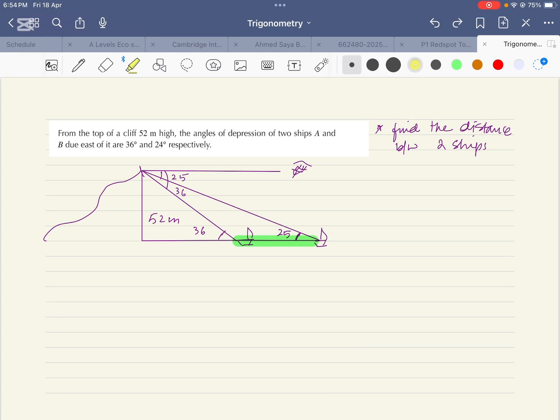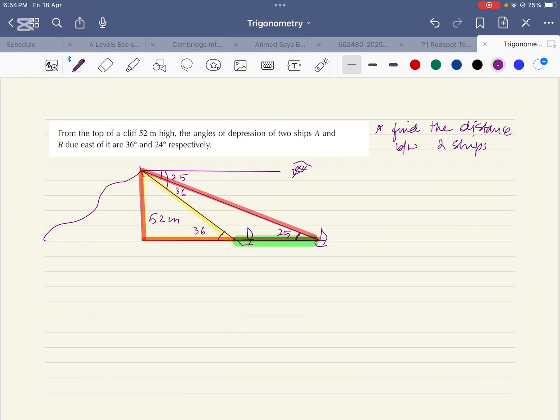One triangle will be in yellow, other triangle will be in green, and there is an overlap of the perpendicular. This is triangle A with angle of depression 36 and this I'll make in red. This is triangle B with angle of depression equals to 25.